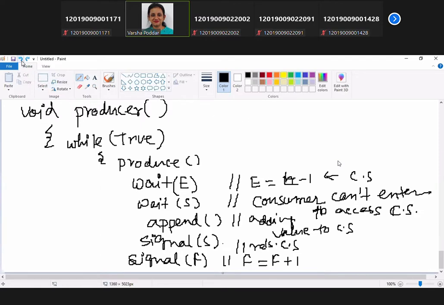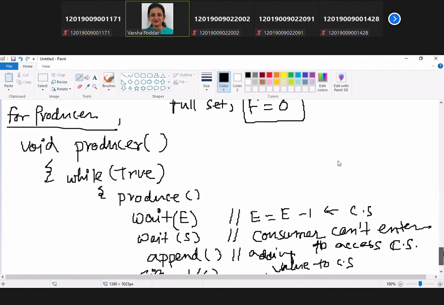So whatever value of E was present, this will be reduced. Like N minus 1 I am writing is correct, but initially it will be N. Otherwise it will be whatever the value of E is, that will be reduced. Right? F equals F plus 1. Fine. After this, close the while function, close this. So this is for your producer.